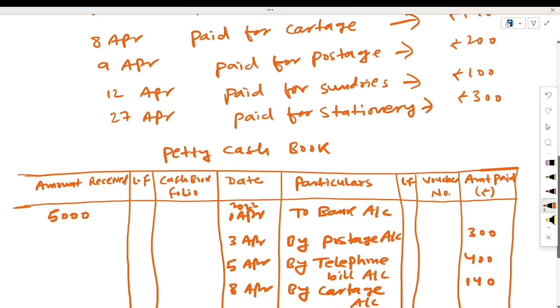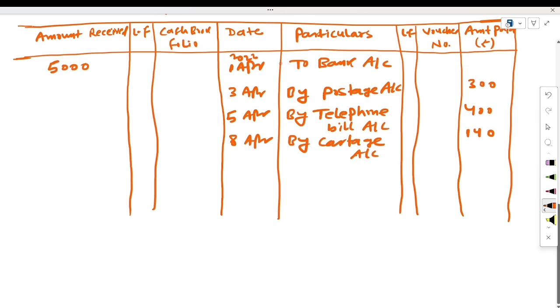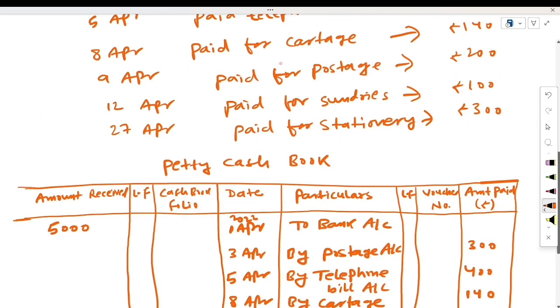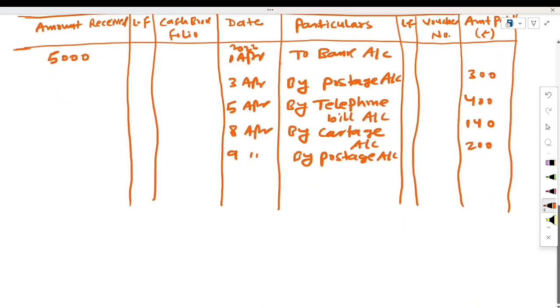Next, on 9th April, again paid for postage, how much? 200. We will write here on 9th April by postage account, 200. Next, on 12th April, paid for sundries, how much? 100.